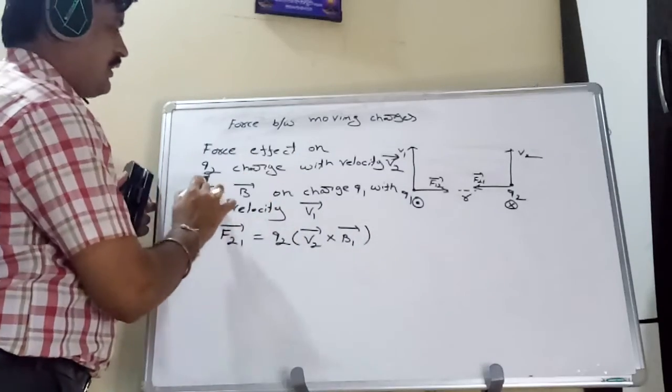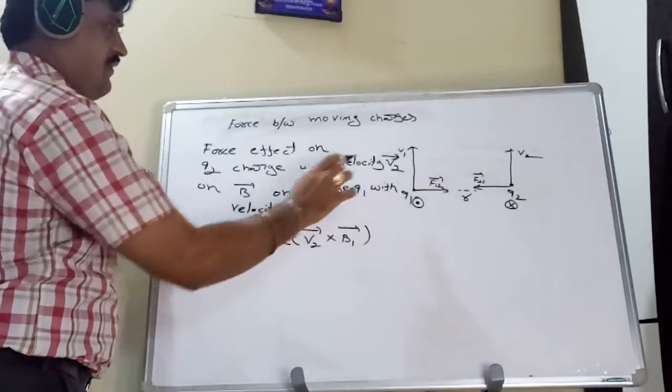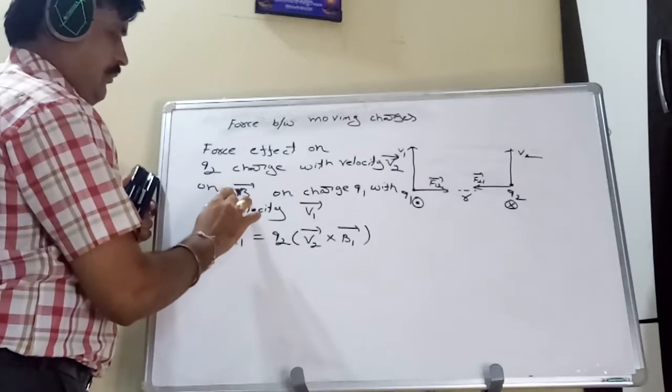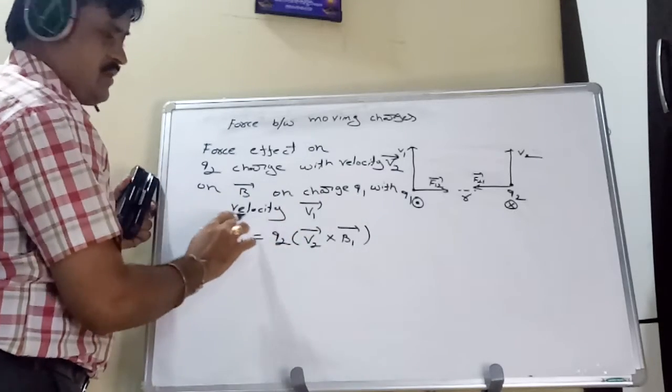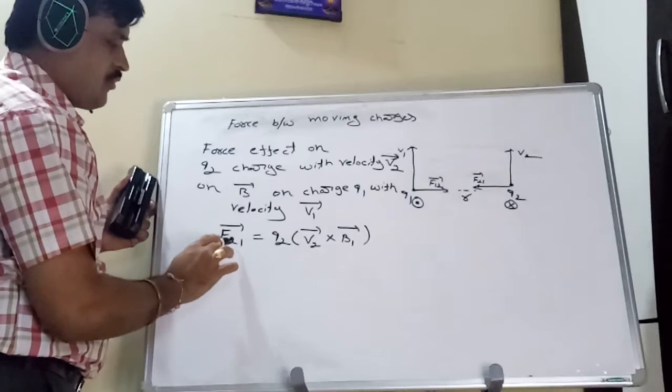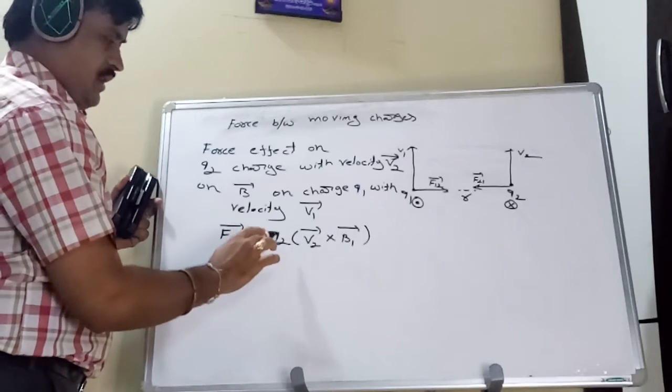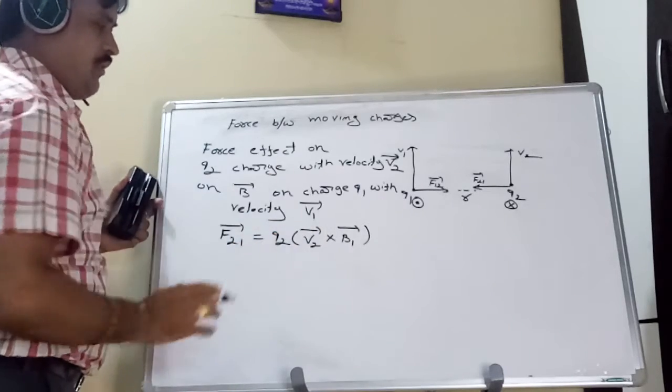So the force on Q2 with velocity V2 bar, in the magnetic field induction of charge Q1 with velocity V1, is F21 bar equal to Q2 into V2 bar cross B1 bar.